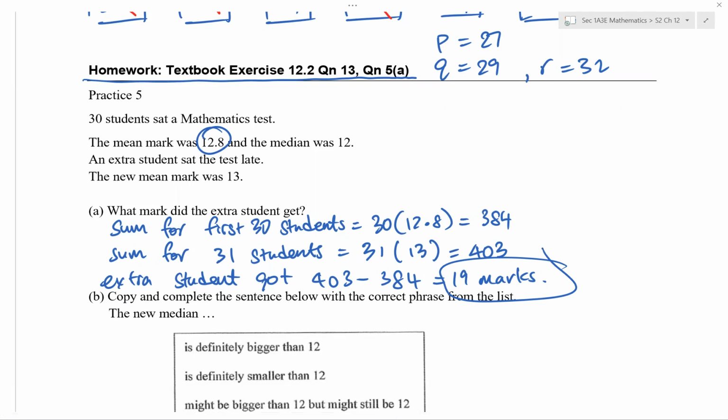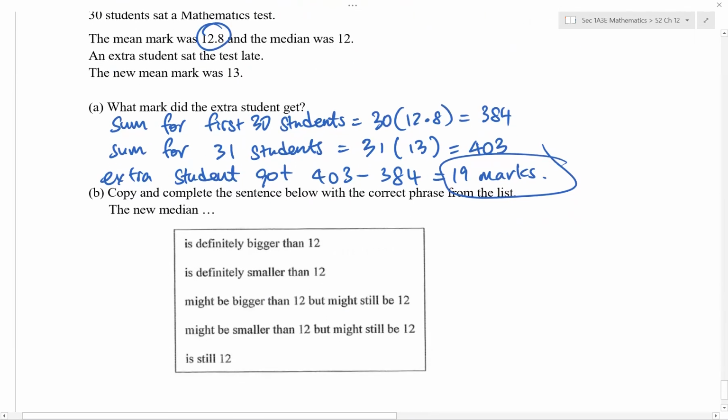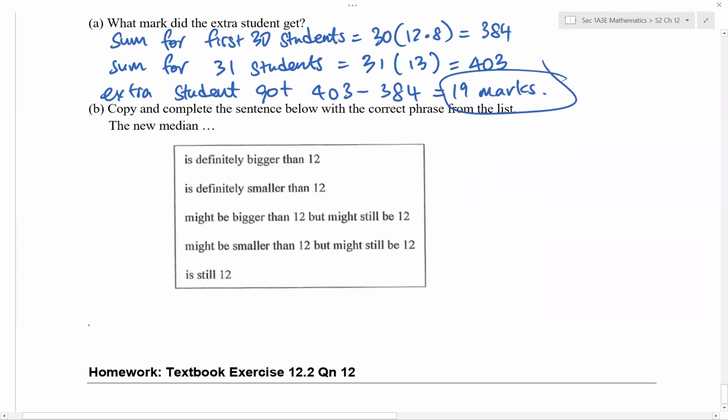So let's move on to part B. Now we are thinking about the value for the new median. Now, previously, for 30 students, the median was just 12. Okay, so just to get a correct idea, we've got all these blanks over here.